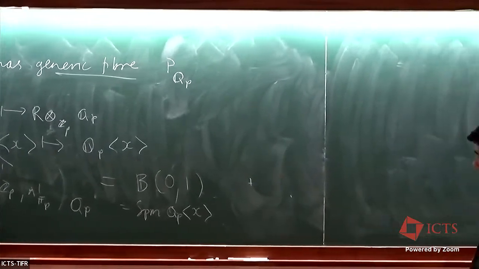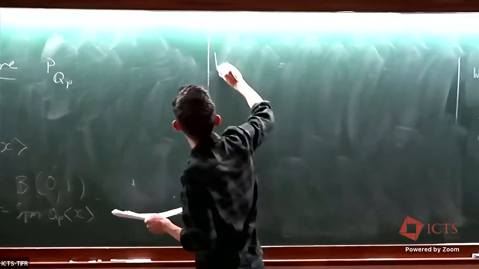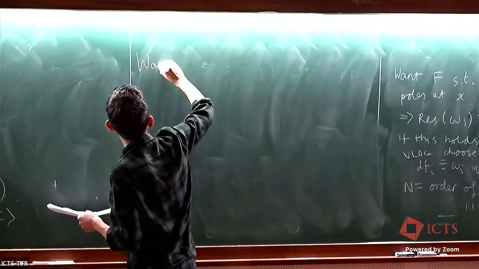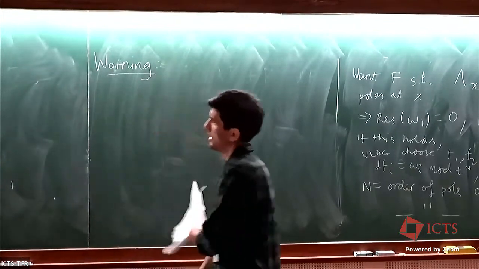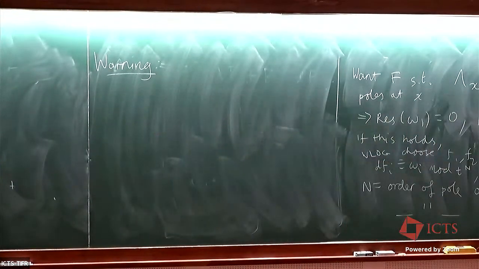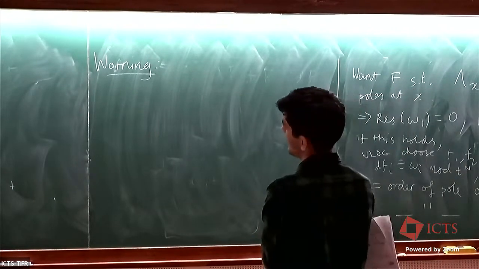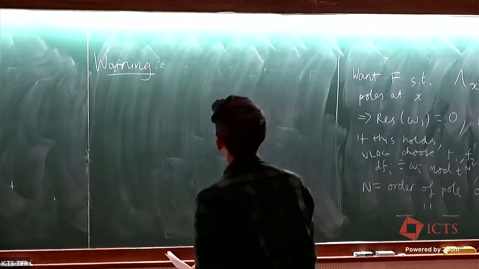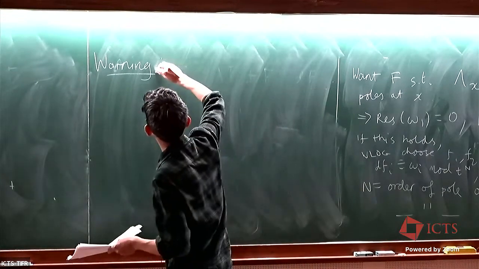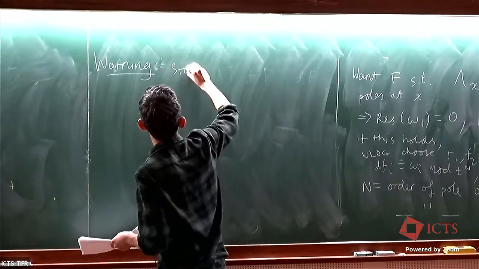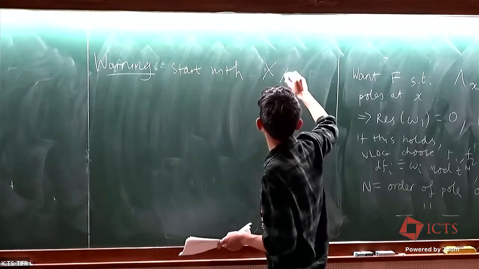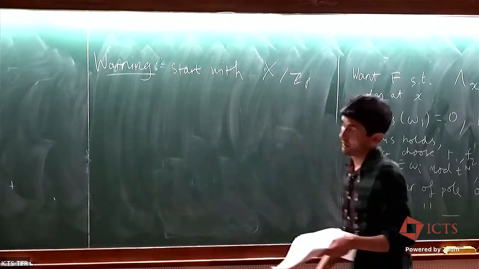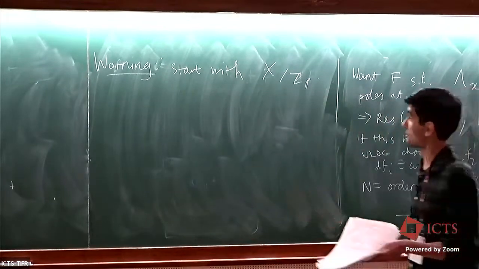So now a warning. Which is also a chance to draw some pictures, which one should always do in this subject, is that if we start with our smooth variety X over Z_p, then there are two ways to construct a rigid analytic space out of this.